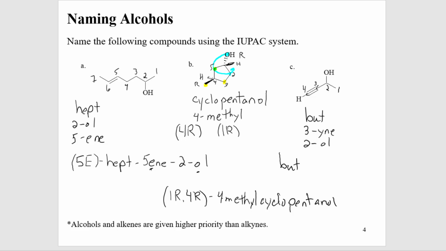But. Now, this is where I actually am going to put the -ol at the end, but 3-yn-2-ol. Okay, so there'll be some practice for you guys to try and just see if you get the hang of it.